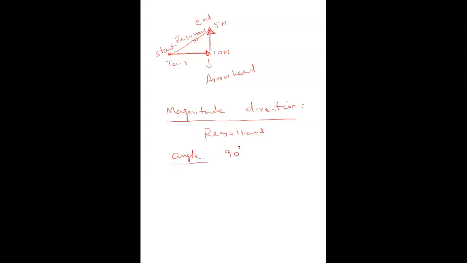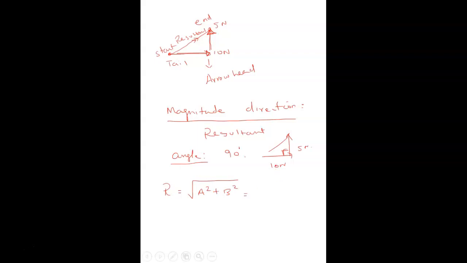It is 90 degrees, with 10 Newton here and 5 Newton here. If it is 90 degrees, for the resultant R we have to follow the Pythagoras theorem. It says a squared plus b squared.